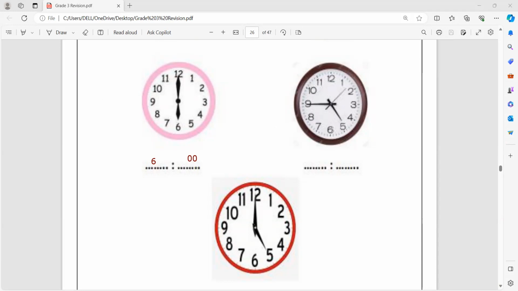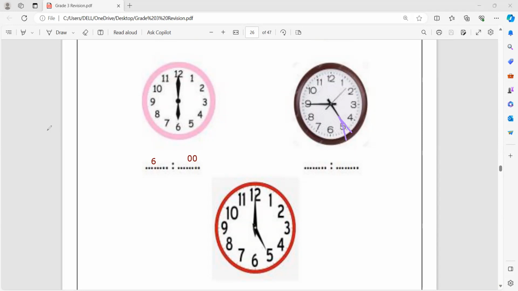What about the next one? The shorthand stops in between 4 and 5. It hasn't reached 5 yet. It's here. So I go to the smaller one. I can't write 5. I only write 5 when it reaches 5 like that.